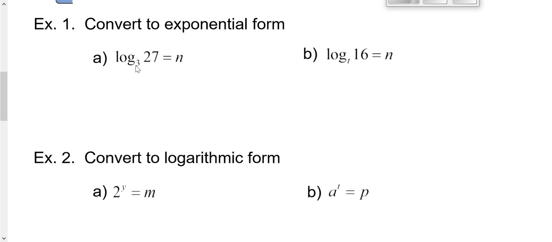Just like what I showed you before, we take the base of the log, move it to the other side, which bumps the variable, whatever you have, and turn that into an exponent. After doing this, the log will be gone. So that means 27 equals 3 raised to the power of n. So this is a shortcut method, nice and easy.